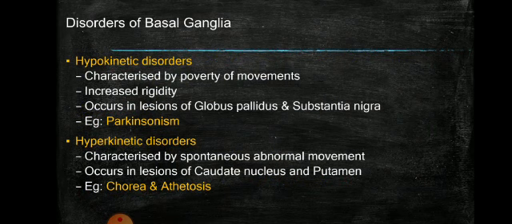I'm pretty sure that with these two classes of basal ganglia, I don't expect that you all would have 100% understanding of the topic, but if you listen to the class 2-3 times, at least 50% is understood. The next class, might be next week, I'll make a few mind maps and come to you all, so that there's a proper, better understanding of the topic.